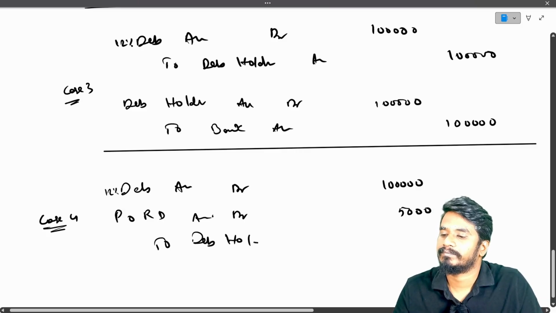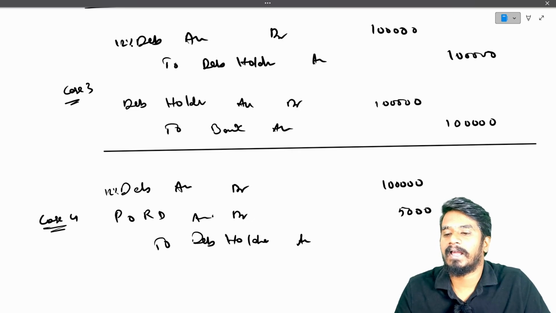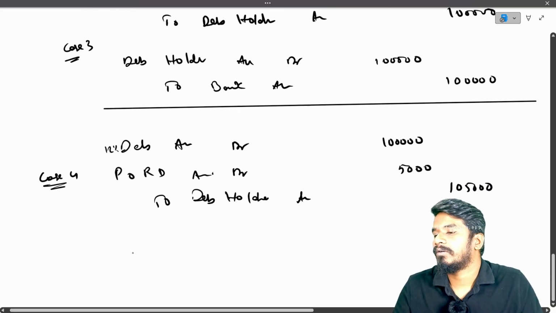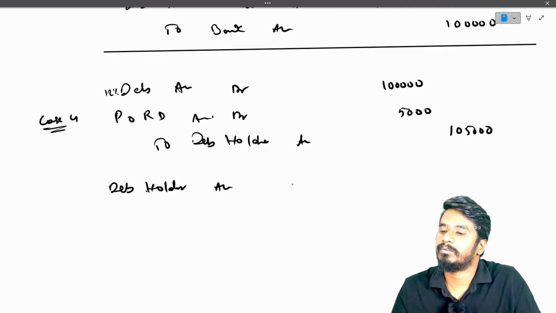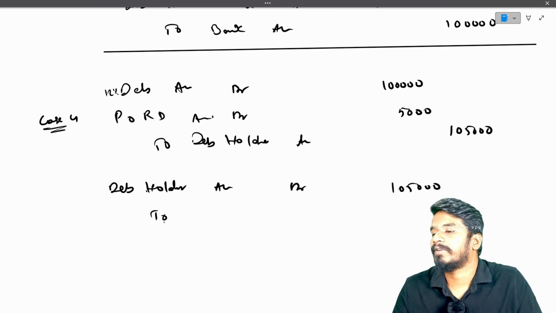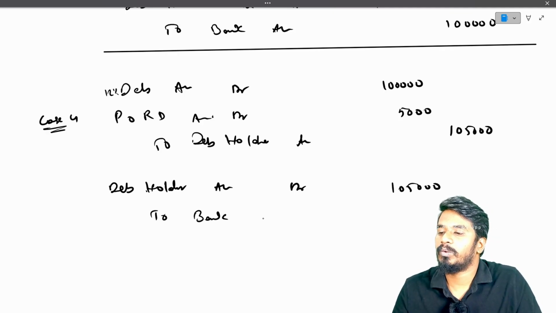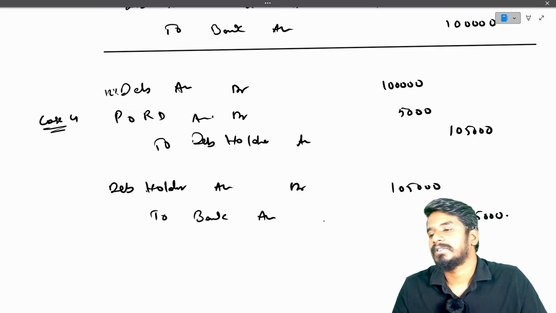Debenture holders account will get credited for 1 lakh 5,000. Now we need to debit the debenture holder account for 1 lakh 5,000, and from where we will pay? We will pay through bank account. So 1 lakh 5,000. That's it.